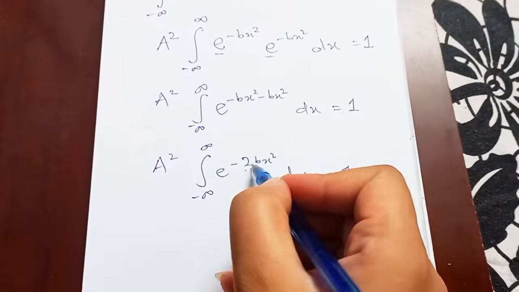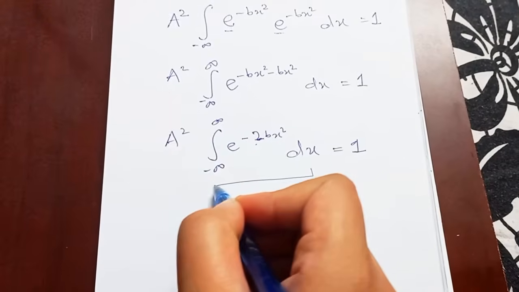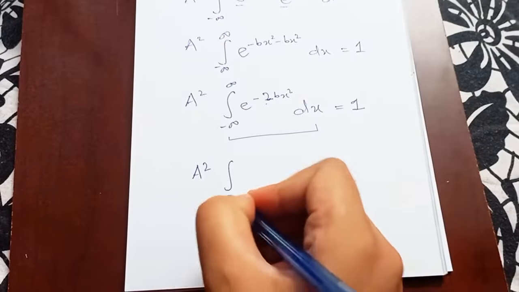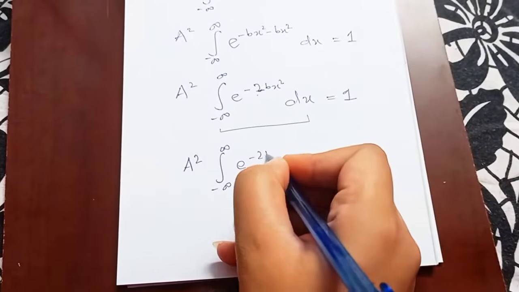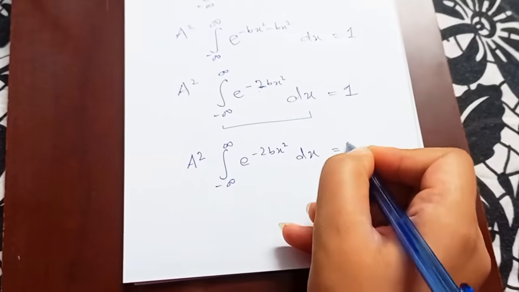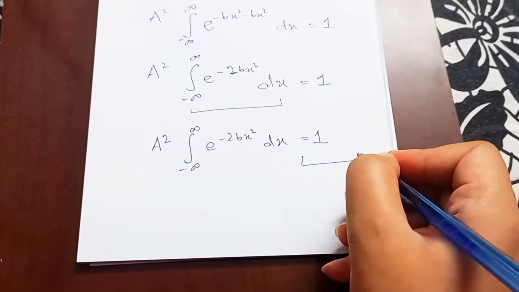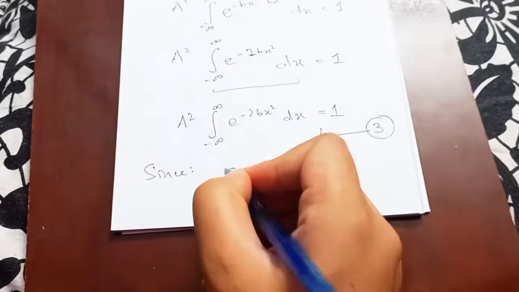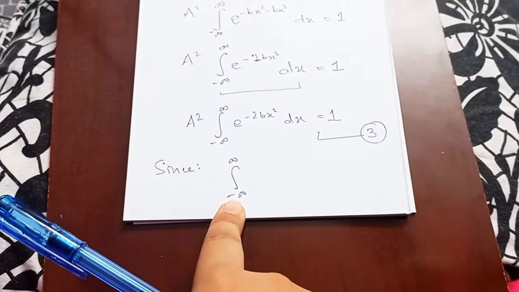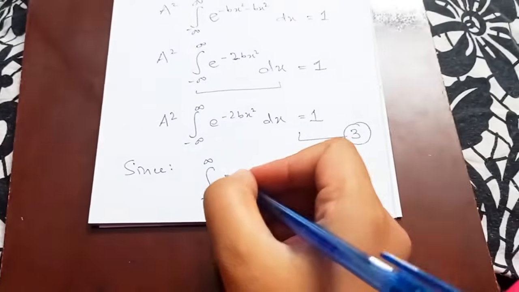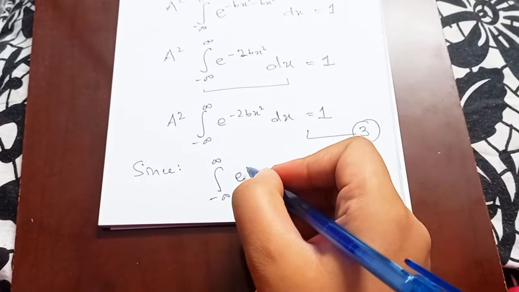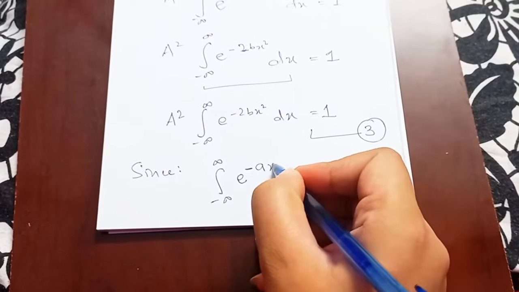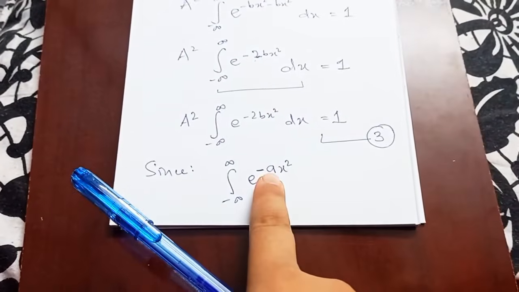Now what is the value of this integral? If we know its value, then we can determine the value of a. Now let me tell you its value. The integral from minus infinity to infinity of e to the power minus a x square, I'm writing here the general formula.